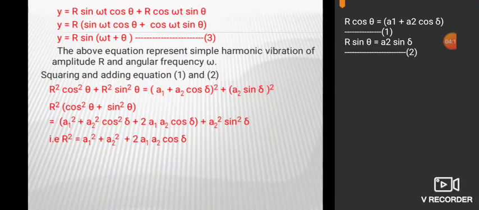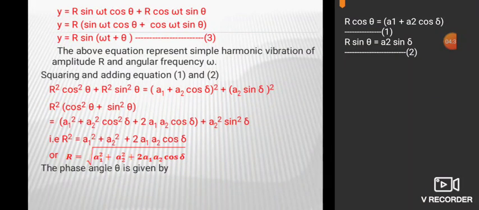Therefore we can write a2² + 2a1a2 cos δ. So the resultant amplitude R = √(a1² + a2² + 2a1a2 cos δ). The phase angle θ will be given by tan θ = R sin θ / R cos θ = a2 sin δ / (a1 + a2 cos δ).